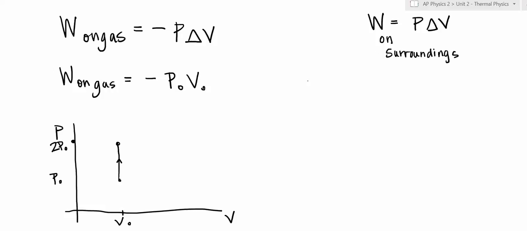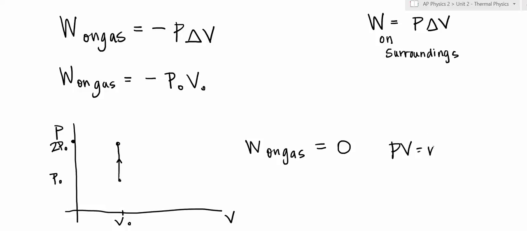So there's no area under the graph. So the work done on the gas would be equal to what? 0. There's no work being done by the gas or on the gas. But the pressure is changing. How can we increase the pressure and keep the volume the same?